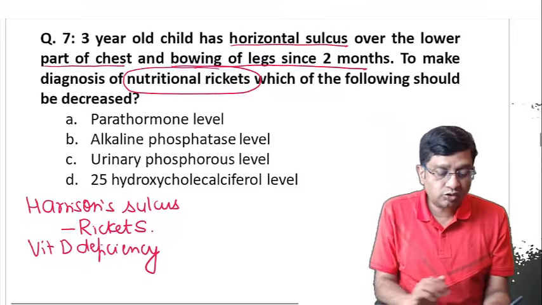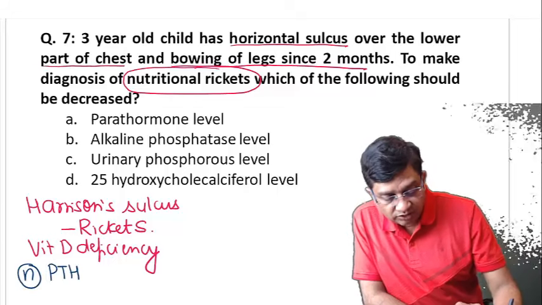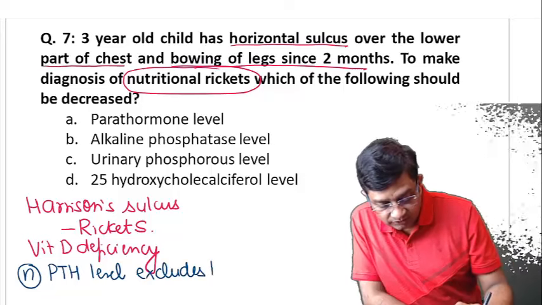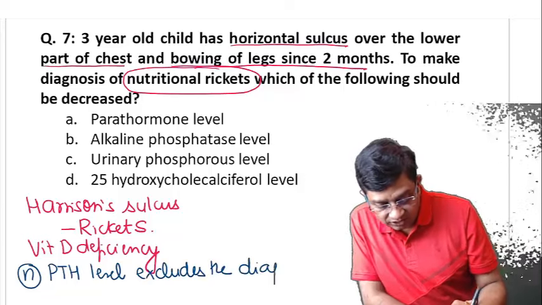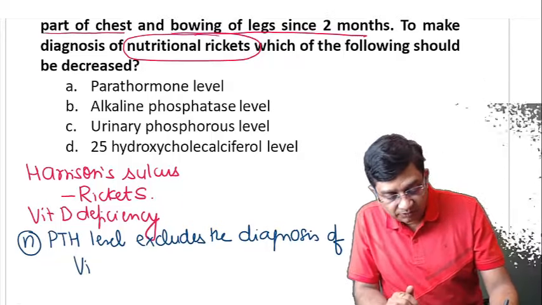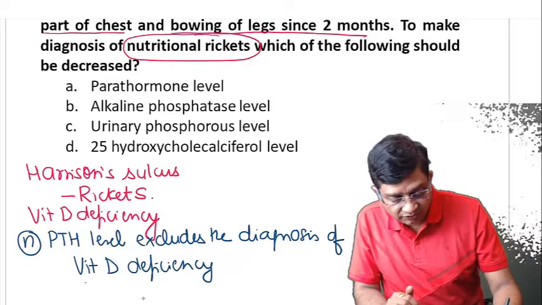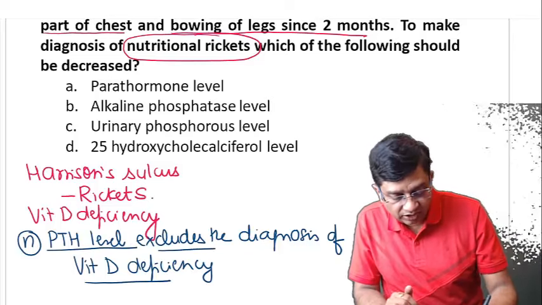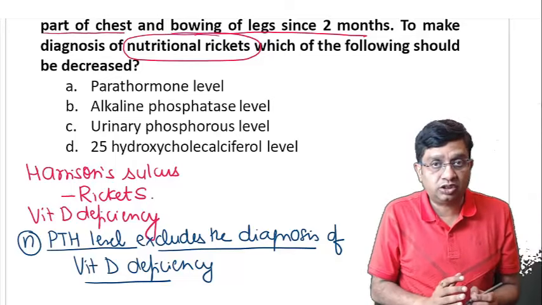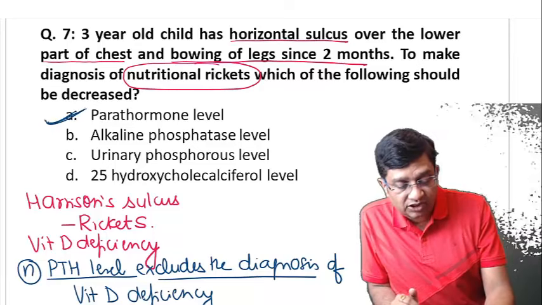And a line which you should always remember: normal PTH level excludes the diagnosis of vitamin D deficiency. So if you are getting such a question for nutritional rickets, you should go for the PTH level.